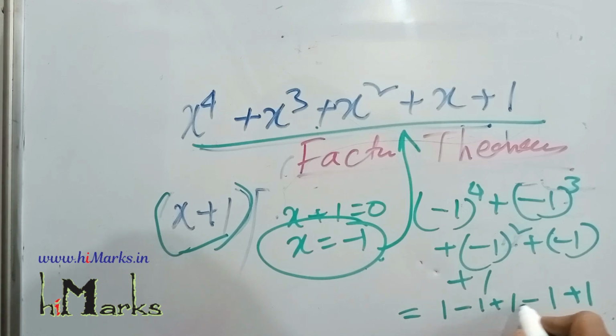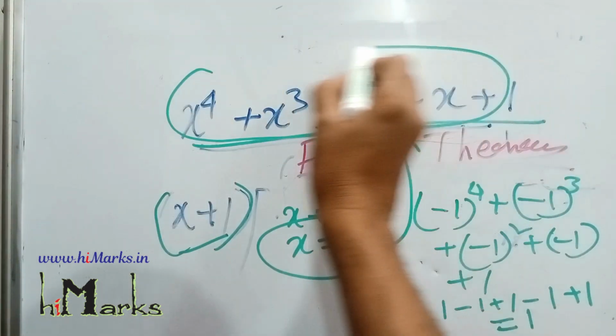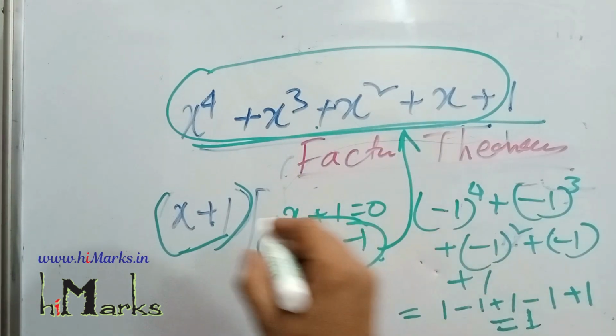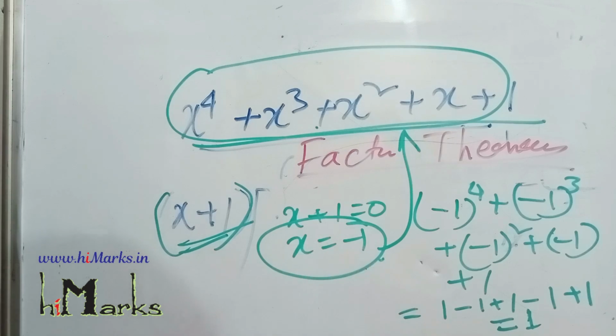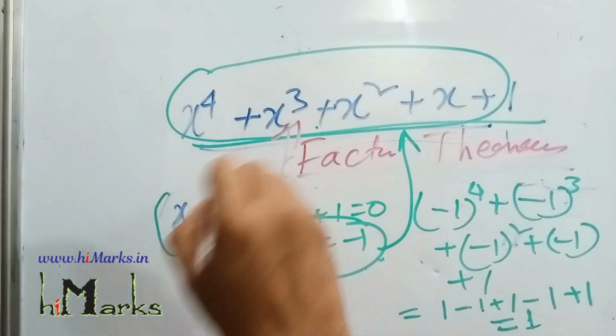So 1 minus 1 is 0, 1 minus 1 is 0, and 1. This gives 1, so this part is not becoming 0. After putting x equal to minus 1, the value is 1. So x plus 1 is not a factor of this expression.